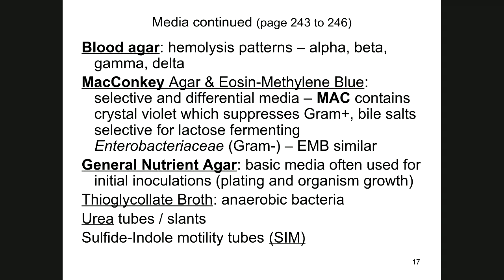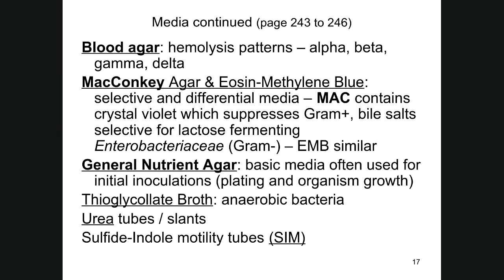Some of the general media that you will be utilizing through your time in the microbiology lab: first one, blood agar. We look at what's called hemolysis patterns. Again, look at your textbook for what I mean by alpha, beta, gamma, and delta. Look at the pictures and how that hemolysis works. I always think about it like the bacteria is eating up the blood in that agar.